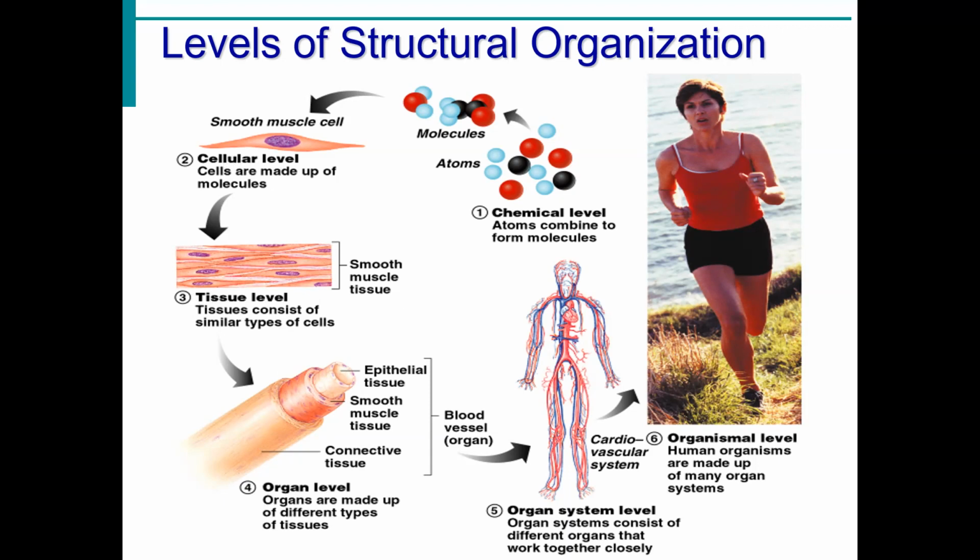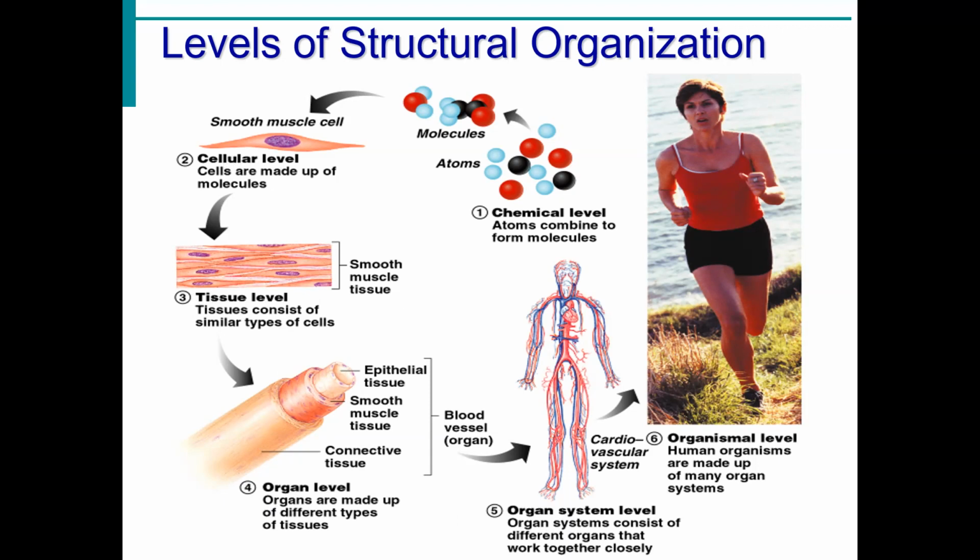So if you think about our heart as an organ, we have many different organs in our bodies, all that have very specific functions, right? And these organs in our bodies all work together in terms of an organ system, okay? Organ systems consist of different organs that work together closely, okay?